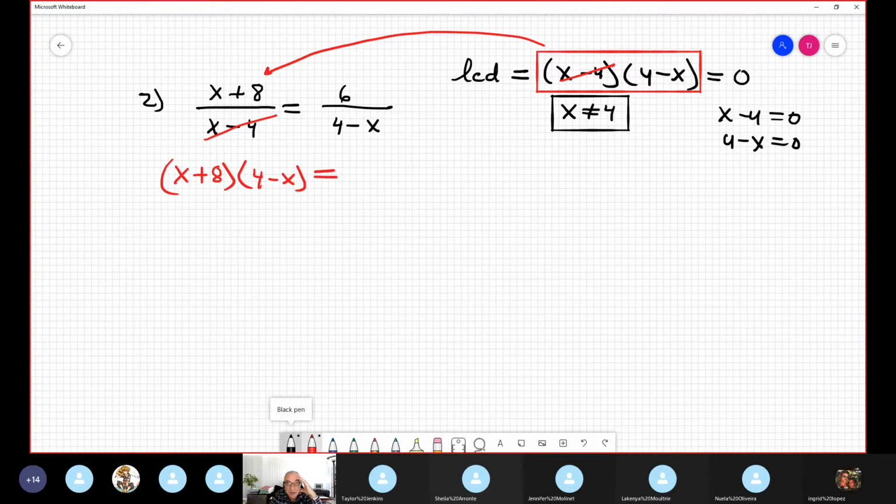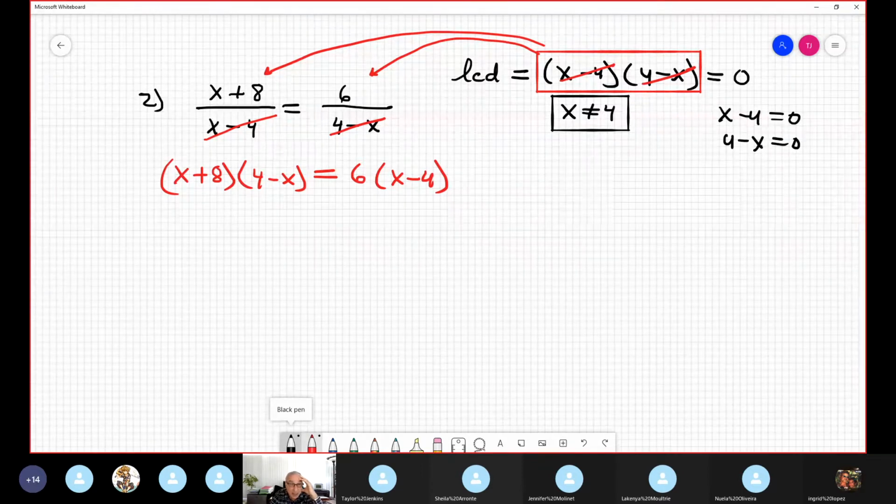And when you multiply the LCD again by the second, this and this are cancelled, and it stays 6 multiplied by x minus 4. Guys, you see it's equivalent in this particular example, not always, like applying cross multiplication like that and like that. Do you see it's the same?